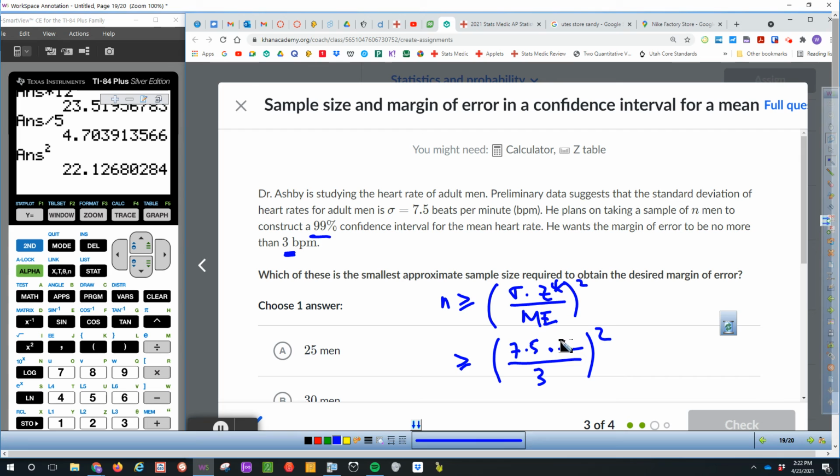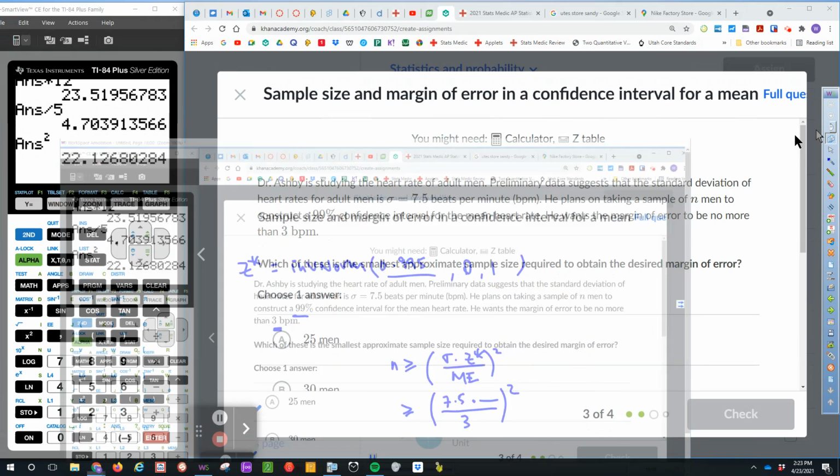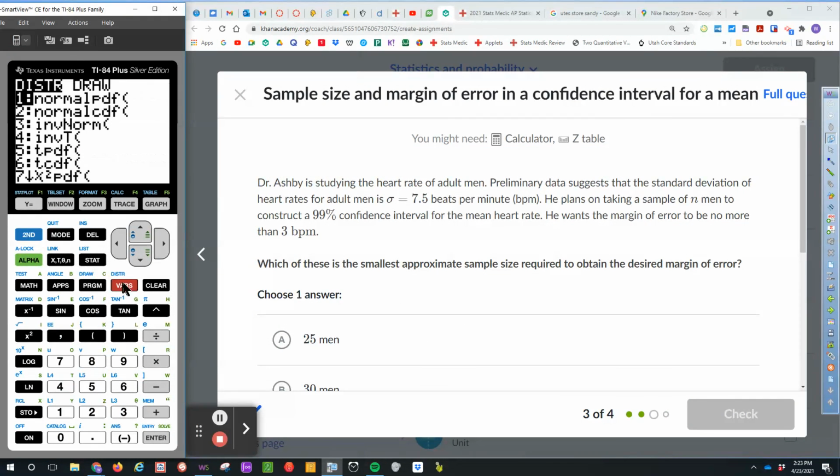I'm going to the calculator to find z star. Z star is inverse norm, area to the left, mean 0, standard deviation 1. For 99%, the area to the left is 0.995.